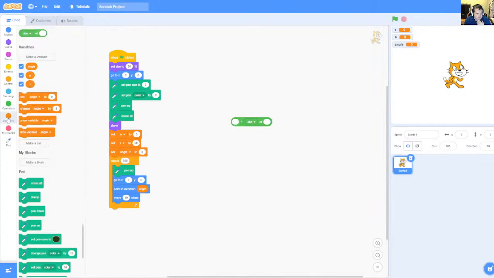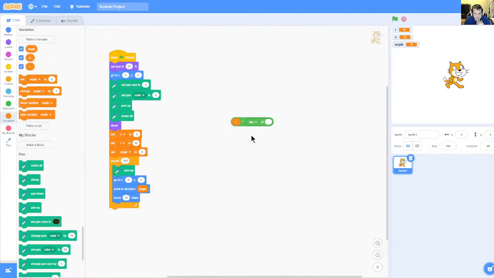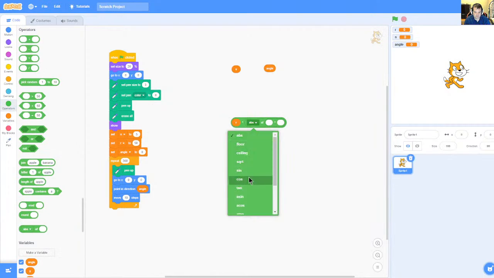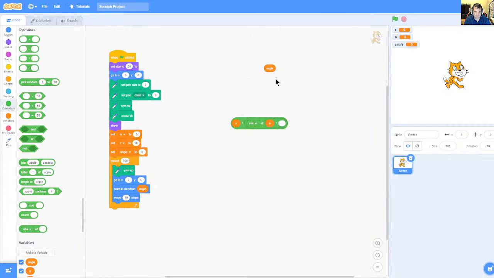So this is going to be r times cosine of theta, which is going to be our number of petals times the angle. So I need a multiplication right here. So cosine of n times the angle.